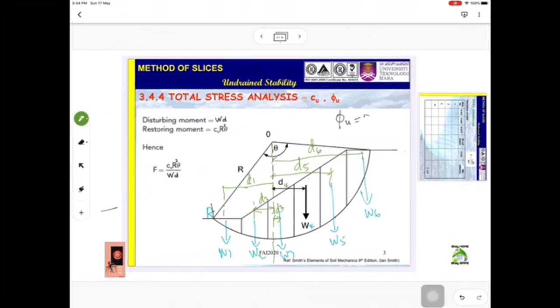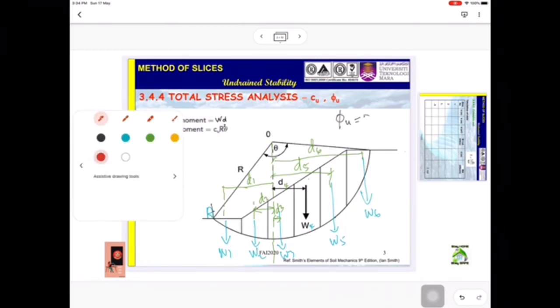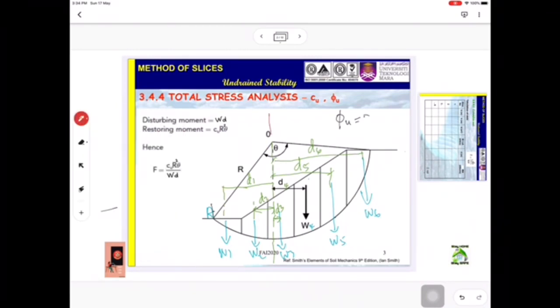Then you have to remember the positive and negative signs. The right hand side is positive, the left hand side is negative. Why?